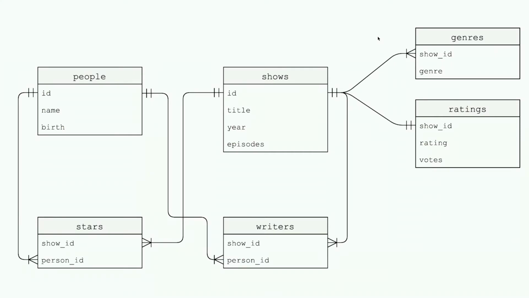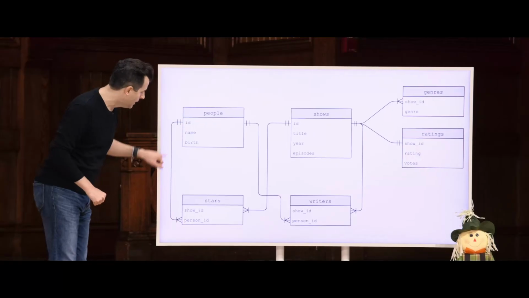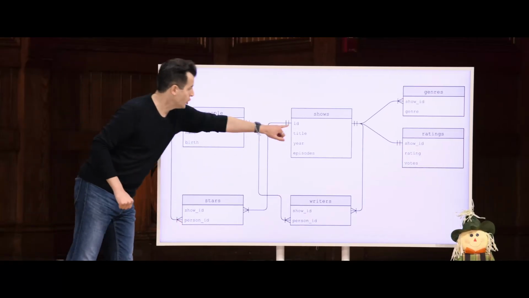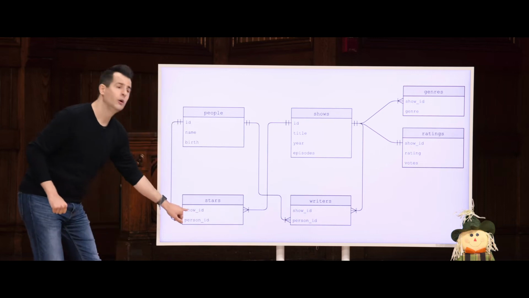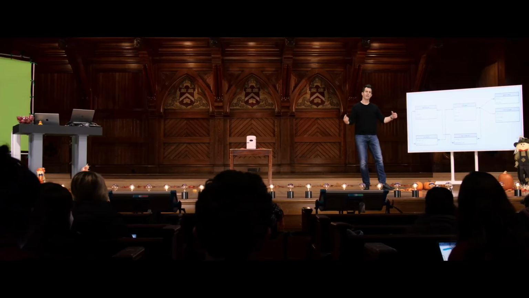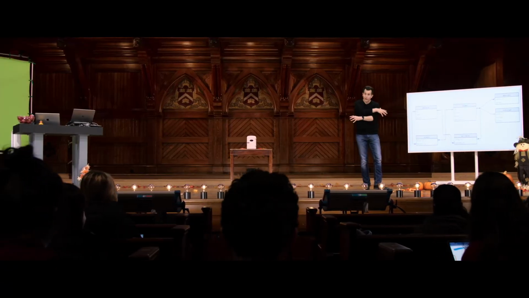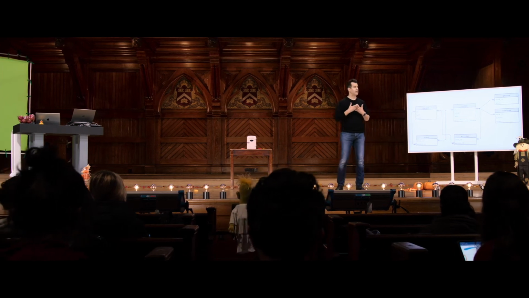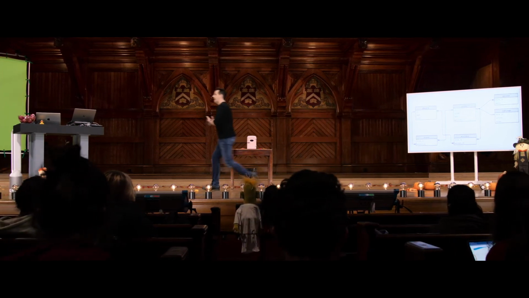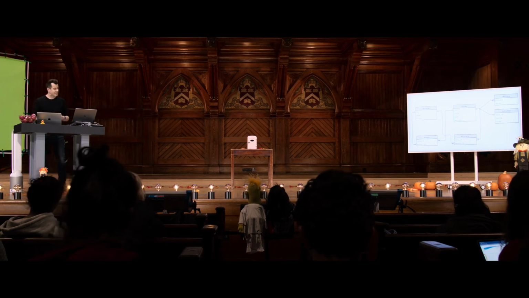These lines here are drawn literally to line up with the corresponding things. People's ID lines up with person ID. Show's ID lines up with show ID. And so you're just seeing graphical version, graphical code that creates these relationships. Now, given that, let's actually see what these things look like.